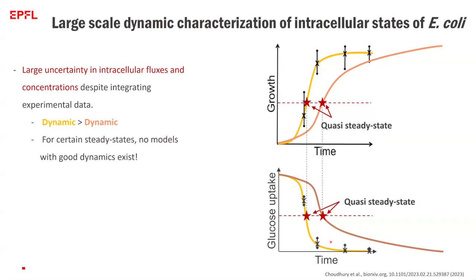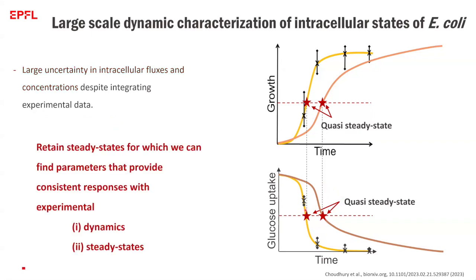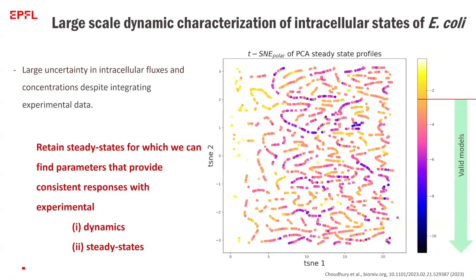If you do this, what we did, we took 5,000 steady states, and for each of these steady states, we created a population of kinetic models. We could do it because with the Renaissance, one generation of running takes 1.2 minutes. So in 2 or 3 weeks, we could generate models for 5,000 steady states.